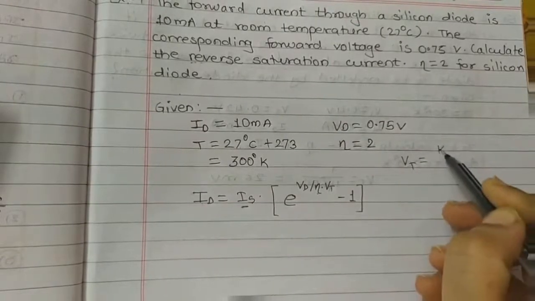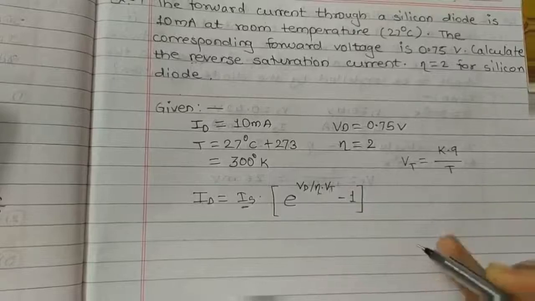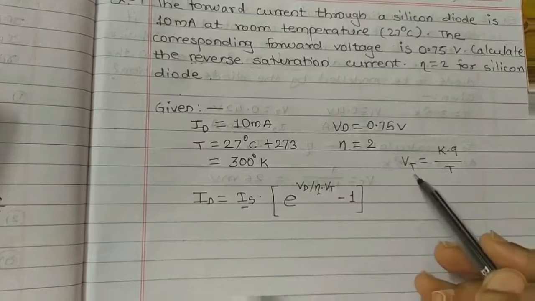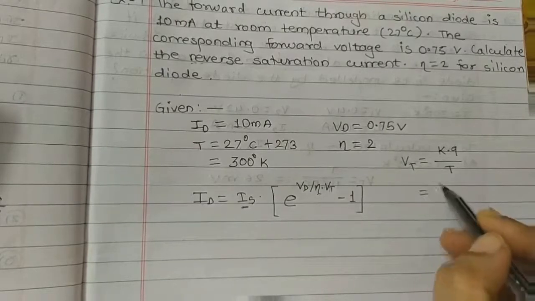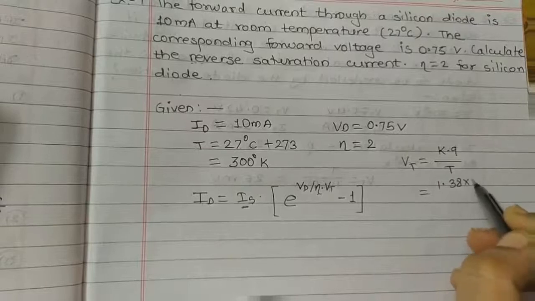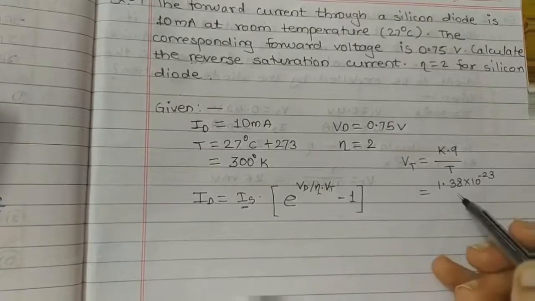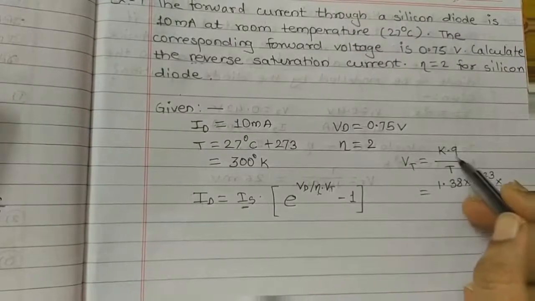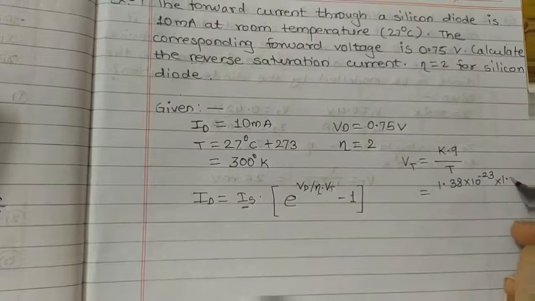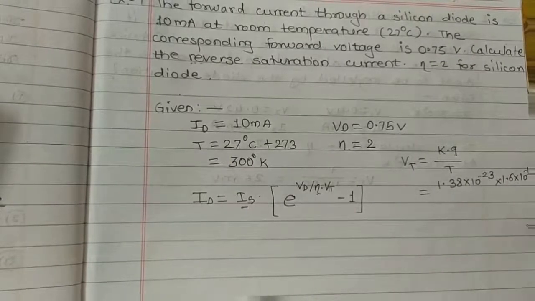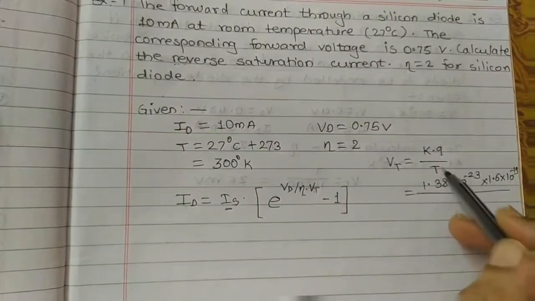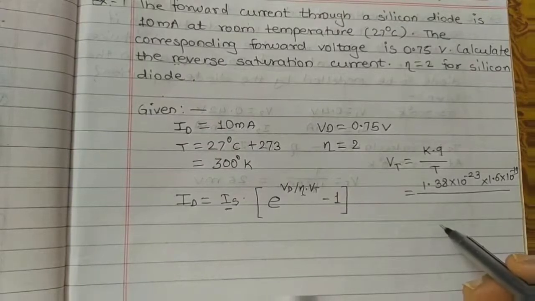VT is equal to K into T upon Q. K is 1.38 into 10 raised to minus 23 joules per Kelvin, and the value of Q is 1.6 into 10 raised to minus 19 coulomb, whole divided by temperature T. How much is temperature T?